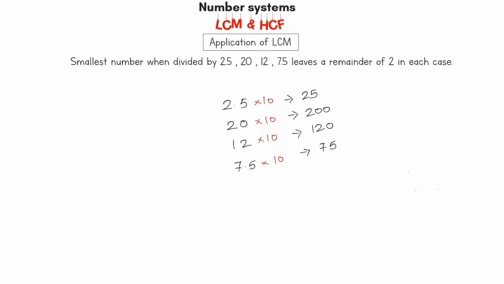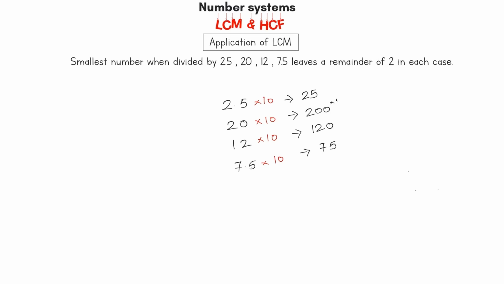Now I need a number which is an LCM of all these numbers. So which will be that number now? Let's check it here. Let's start from 200. 200 into 1 is 200, which will not be a multiple of 75. Into 2, 400, into 3, 600.